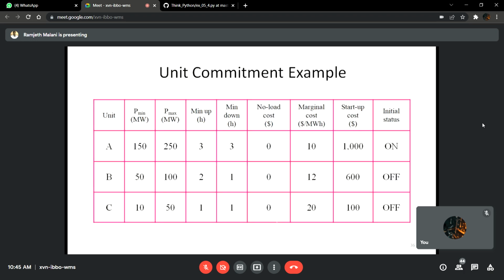Find unit commitment schedule for the system shown below. Write it and make a note of it.